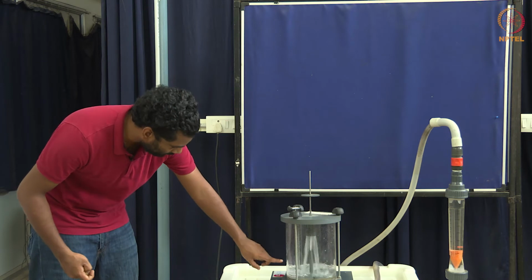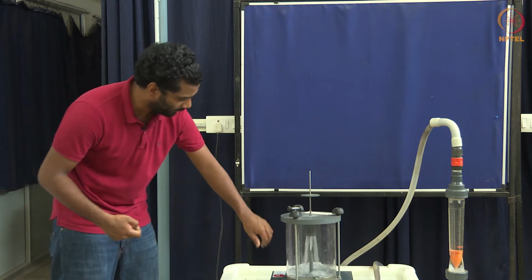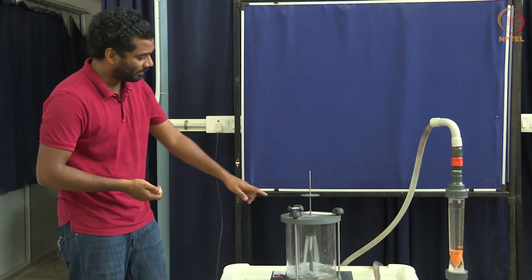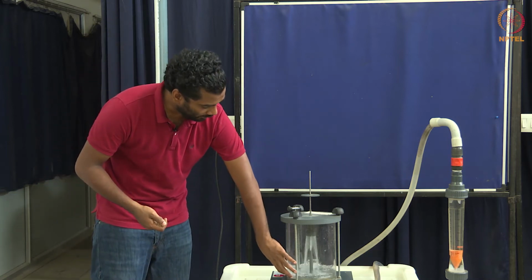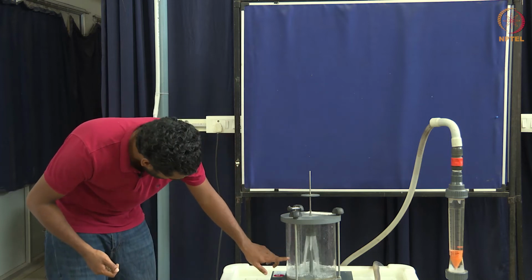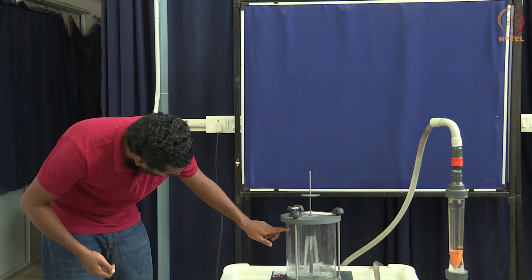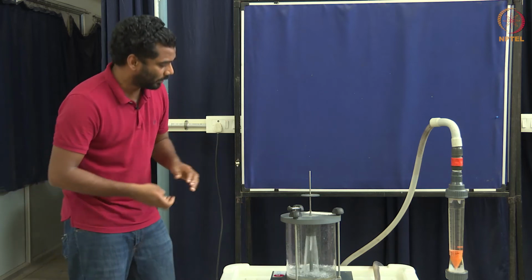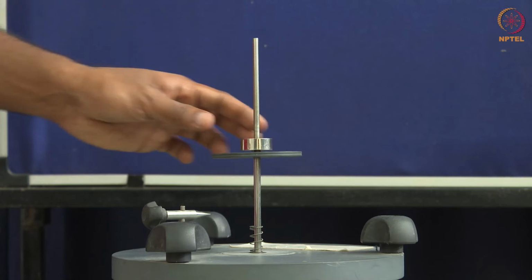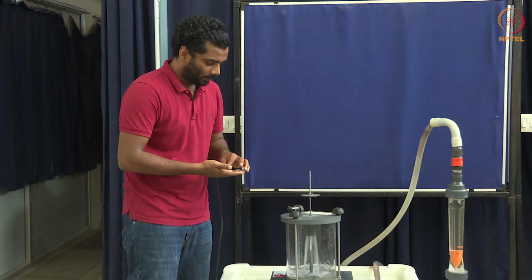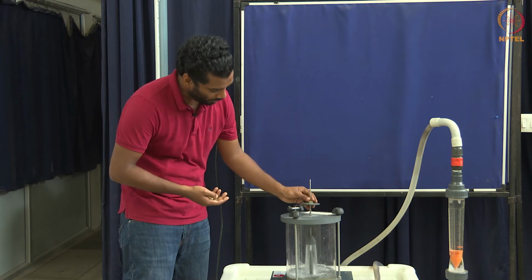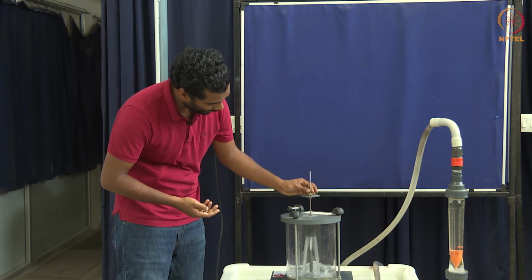So now the flow rate we kept at 800 liters per hour, and the water is coming vertically upward through the jet from the bottom of the cylinder, and since the water is exerting a force on the surface, it moves upward. In order to counterbalance that force, we will be adding known amounts of masses to the weighing pan, a small amount of weight one by one, and we will try to find an equilibrium position.